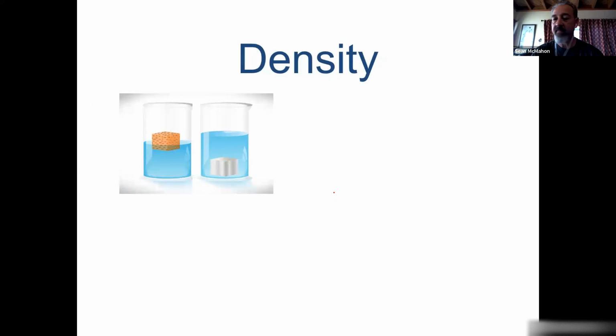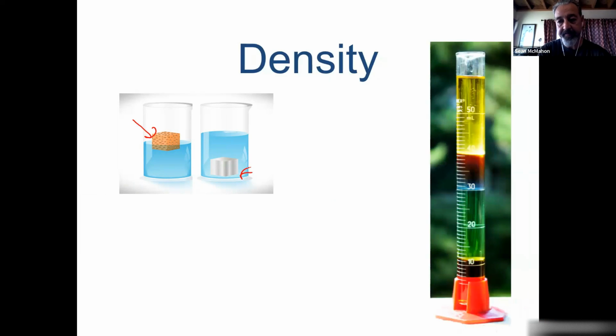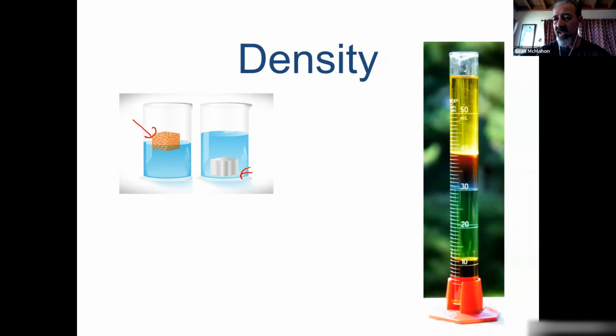So density, right? Does something sink or float in water? Well, that is determined based on whether or not it has a smaller or greater density of water. You may have used, as a kid, a density gradient where you use different liquids and layer them upon each other.